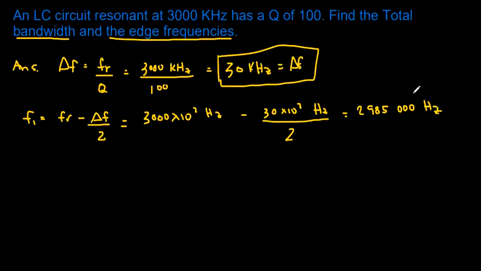Okay, so i-convert natin yan sa kilohertz. So paano natin gagawin yun? Sulat natin 2985, so multiply lang natin ito sa times 1 kilohertz over 1 times 10 raised to 3.